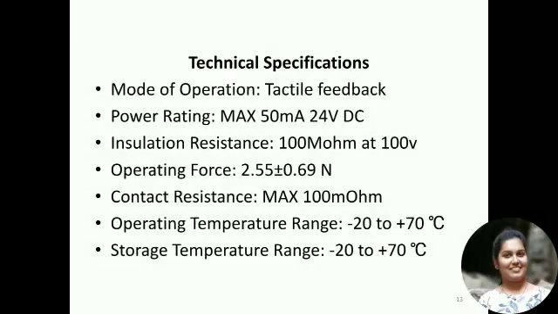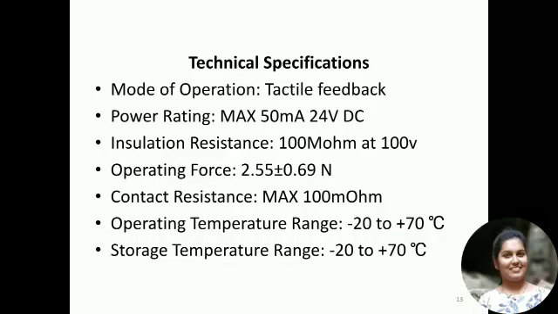Next, we'll move on with the technical aspects of the push button switches. Coming to the mode of operation, it has a tactile feedback mode of operation, and the power rating is up to max 50 milliamperes, 24 volts DC.